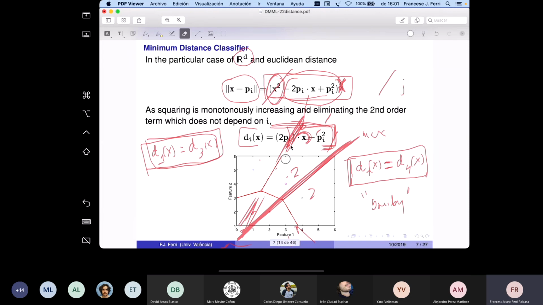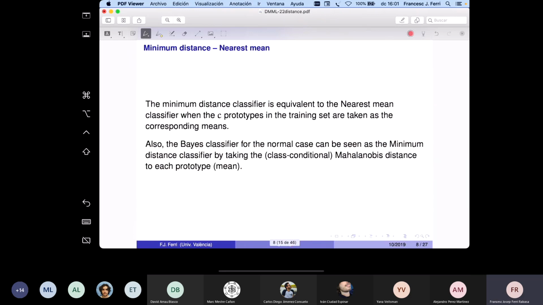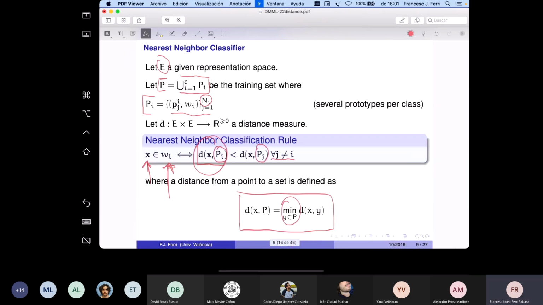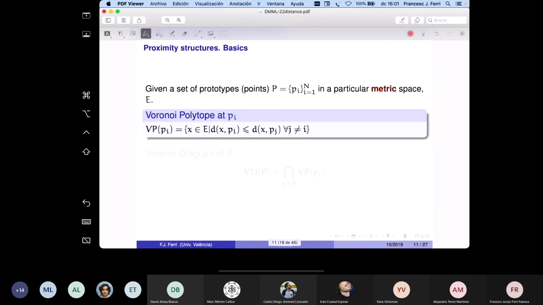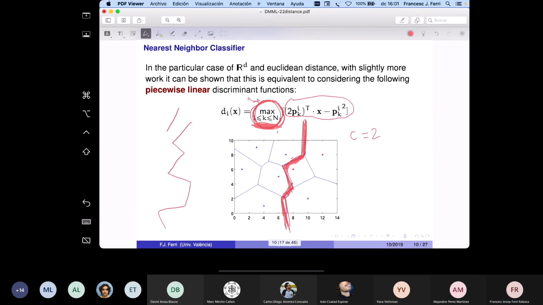We draw this, but this is a combination of the distance of the boundaries from all pairs of classes. Okay. So linear, and this one is piecewise linear. It's okay because of this max here. Questions?